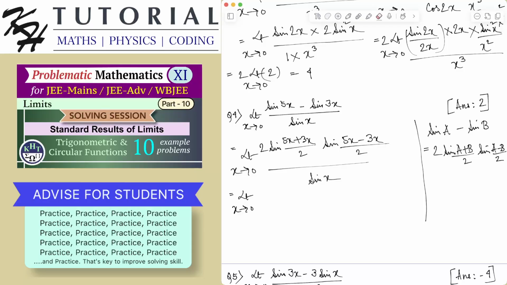So this is twice the limit x tending to 0 of sin((5x+3x)/2) which is sin 4x, and sin((5x−3x)/2) is sin x, and we have divided by sin x.